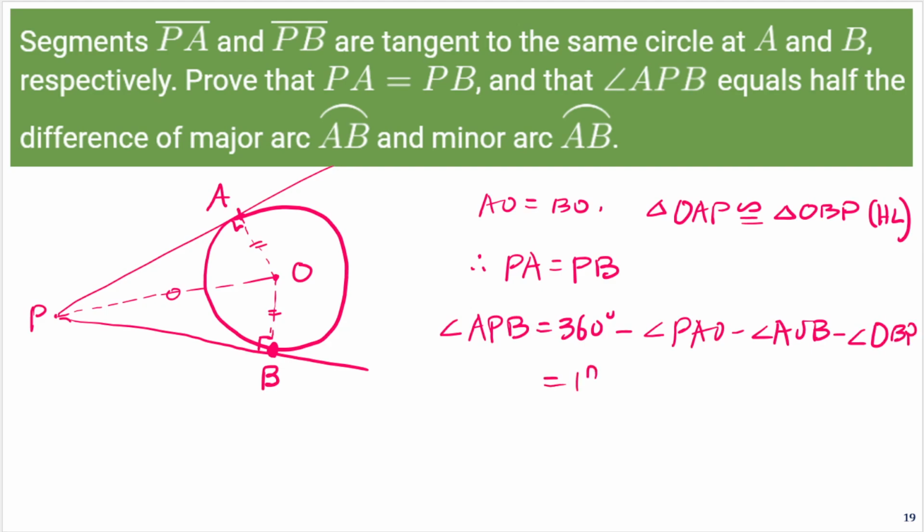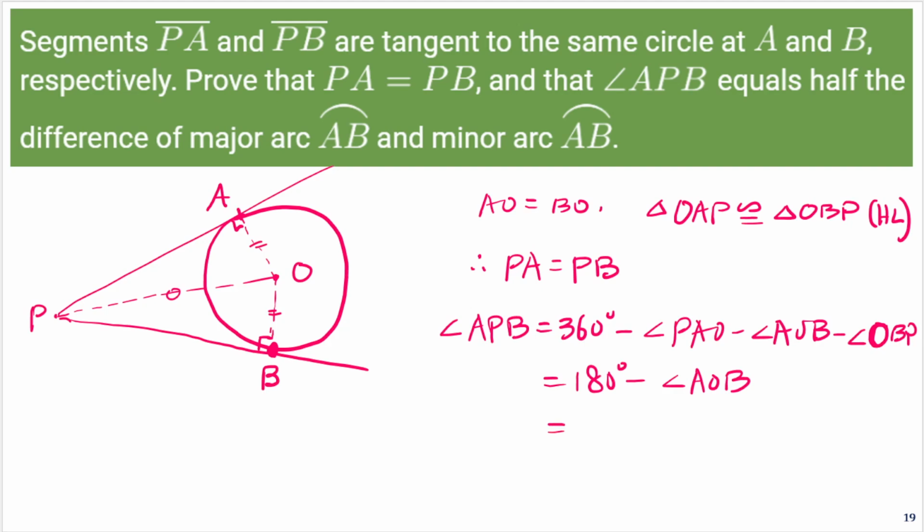And that leaves us 180 degrees minus angle OBP. Oh sorry, that should be angle AOB, because angle OAP is simply 90 degrees.